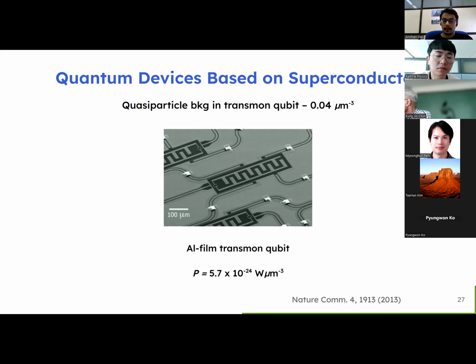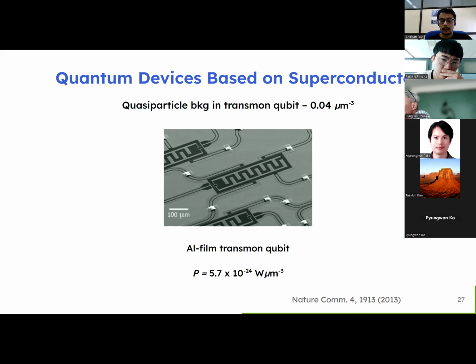Okay, so for example, for the scattering case, your benchmark temperature is like 100 millikelvin, but for the transmon qubit it should be lower than 100 millikelvin, right?